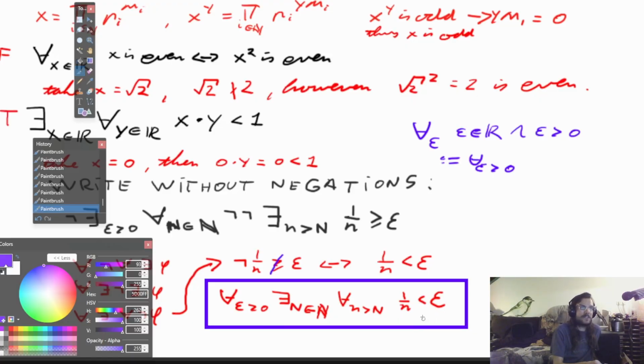In other words, 1 divided by n gets arbitrarily small. You can make it as small as you want if you make n as big as you need. That's what this statement is saying.